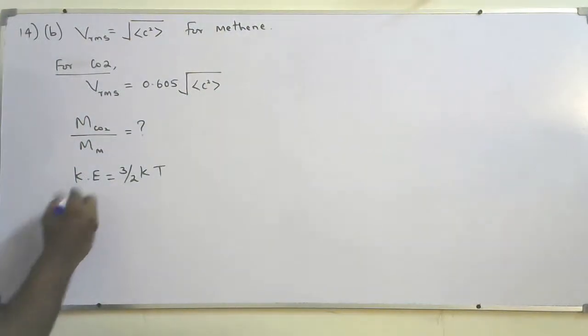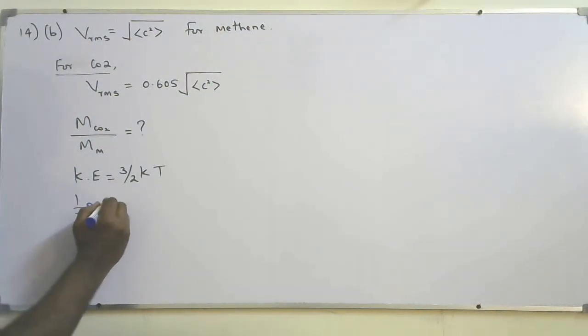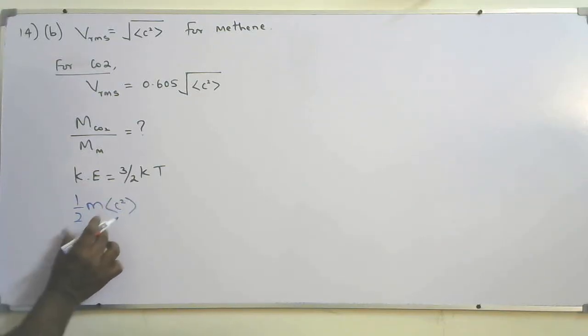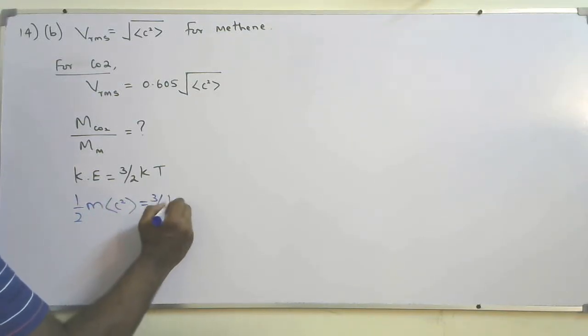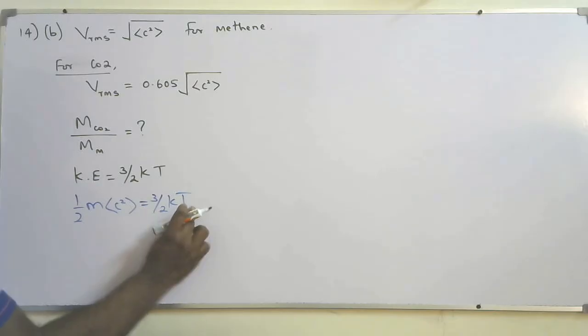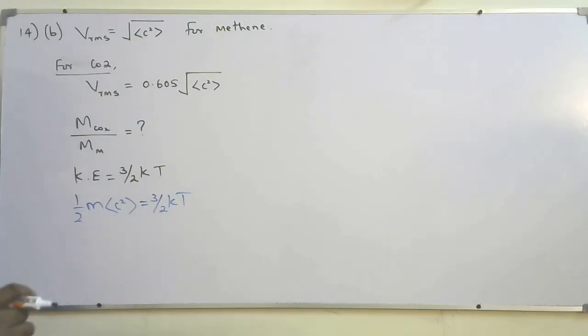We know that average kinetic energy is given by half m mean square speed, half m mean square speed equals 3/2 kT. So temperature same means both will have the same average kinetic energy.